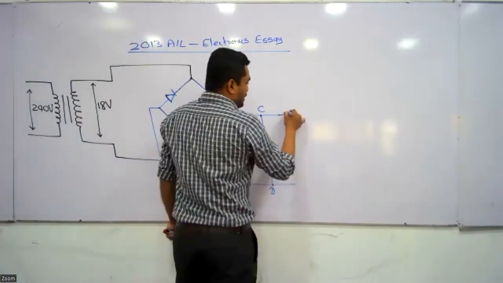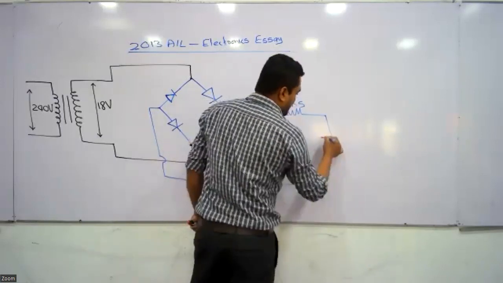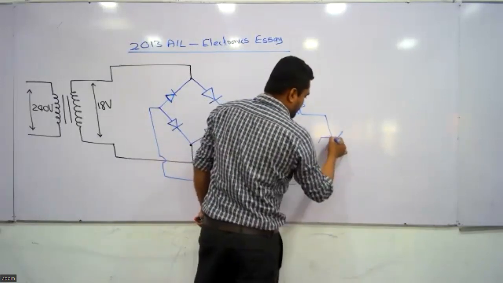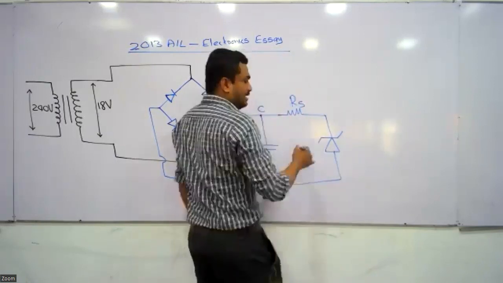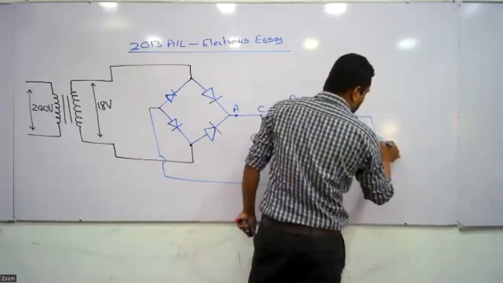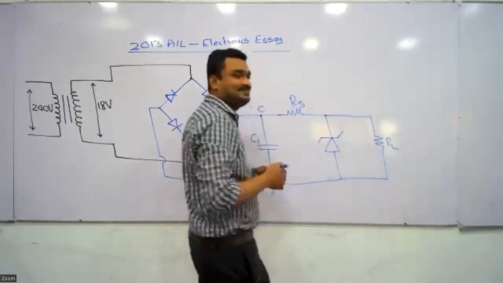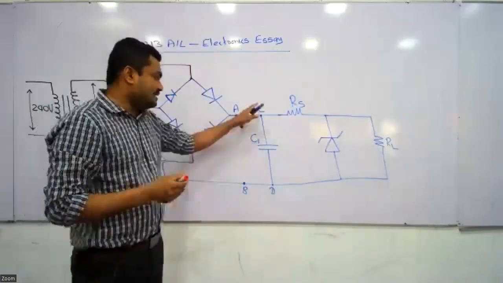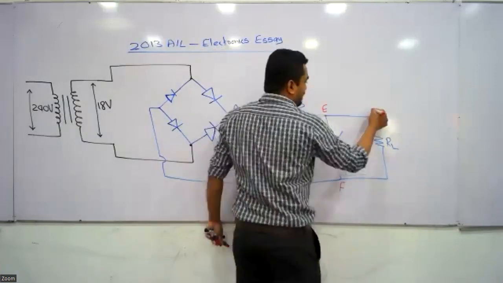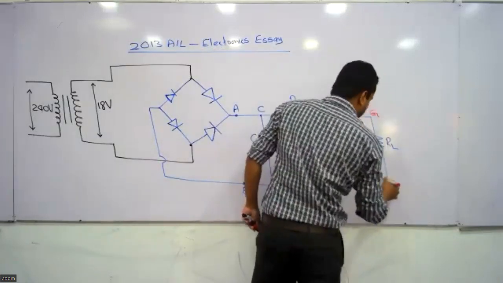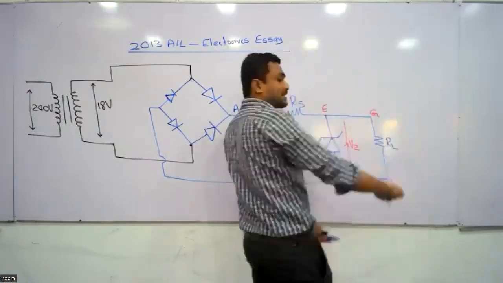Then we should connect the safety resistor RS. Then we connect the Zener diode, a reverse biased Zener diode. Finally, the output resistor, the load resistor RL. A, B, C, D; I can name the next points as E, F, and these are G, H. The center voltage is VZ, and VZ is directly given to RL.